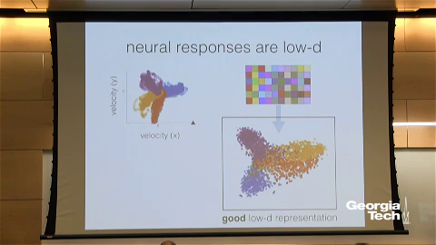All right, so we can carry out these sorts of movement tasks where the monkey is reaching to different reach directions. We can measure the neural activity, which is neurons by time, and then reduce the dimensionality of these recordings.